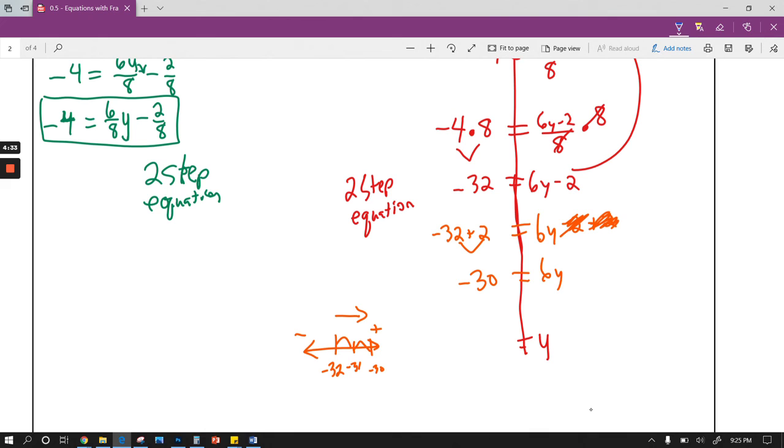Step 2, we need to make our coefficient, which is 6, equal 1. And we're going to do that by using our inverse operations. So 6y is 6 times y, which means we're going to divide. 6 divided by 6 is 1. -30 divided by 6 is going to equal -5. So we have a solution of -5 is equal to y.